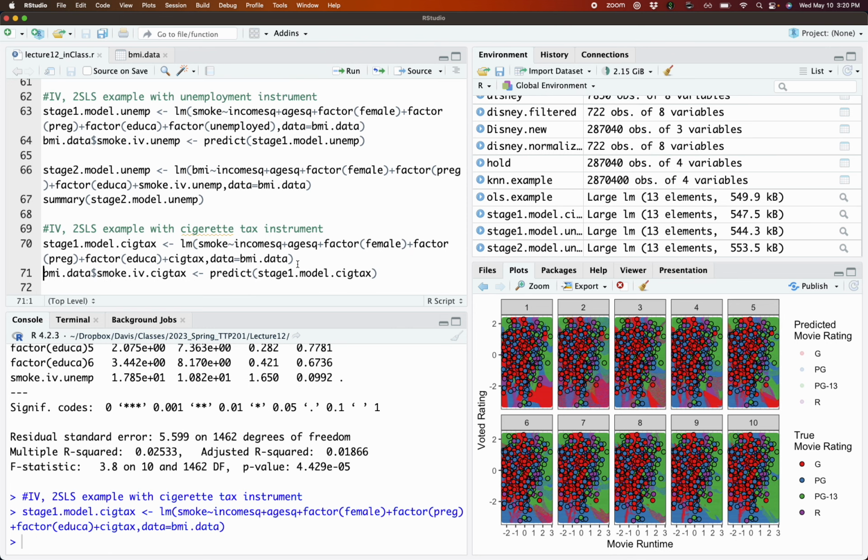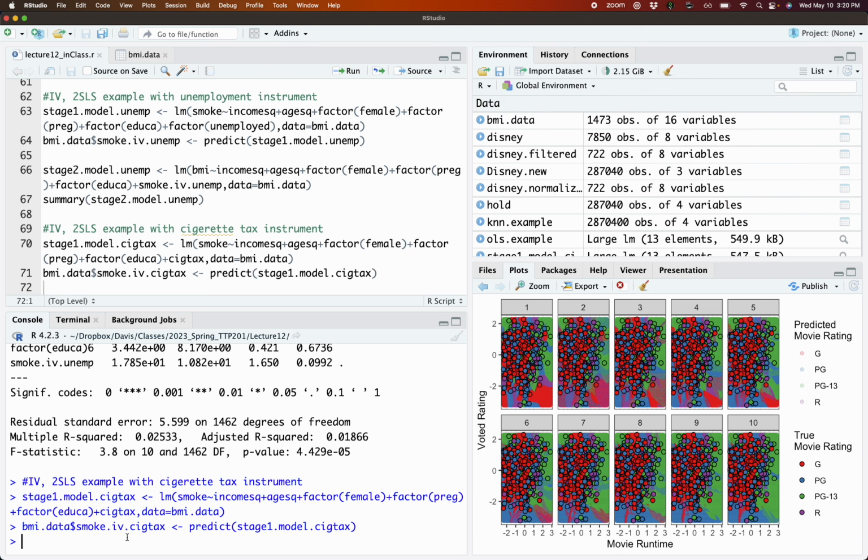So when I run this, I'm going to do a summary. The cigarette tax variable is just saying if you live in a specific place, whether or not there's a cigarette tax.